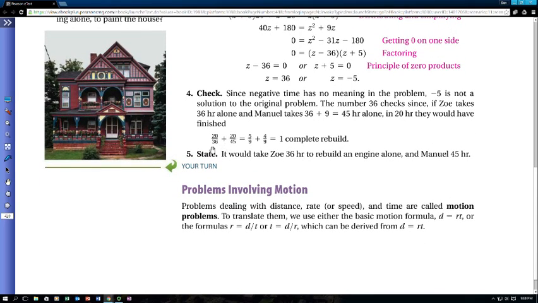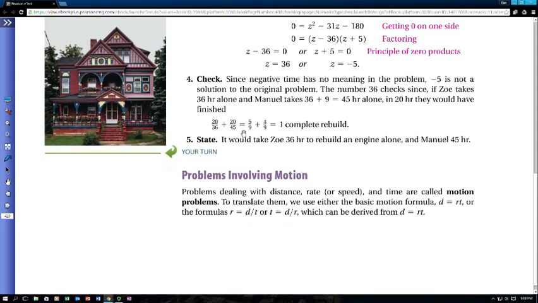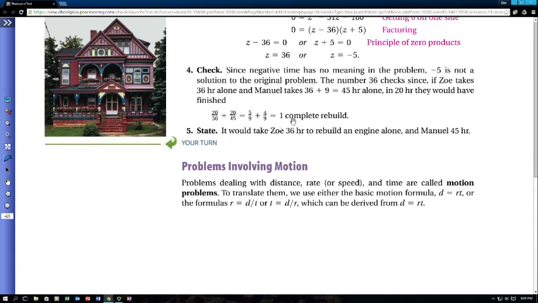And then we go back and we restate this. Well, 20 over 36 plus 20 over 45, does that equal 1? Yeah. And we get one complete rebuild, and we can state that it would take Zoe 36 hours to rebuild the engine alone and Manuel 45. Okay?